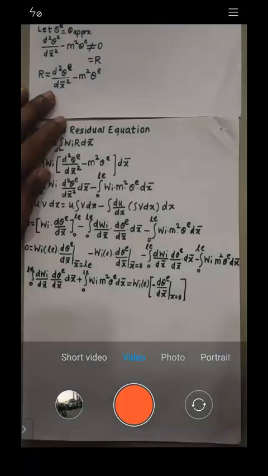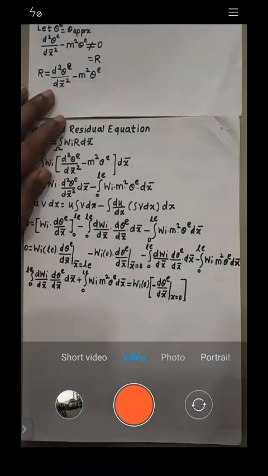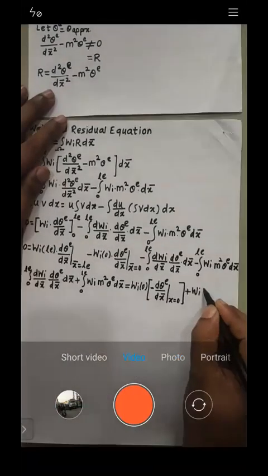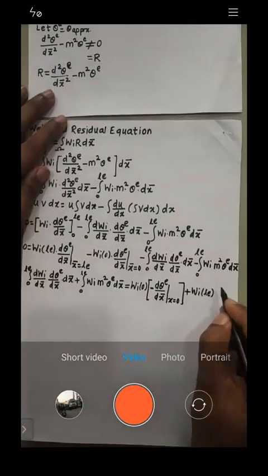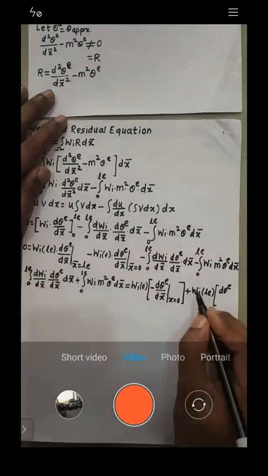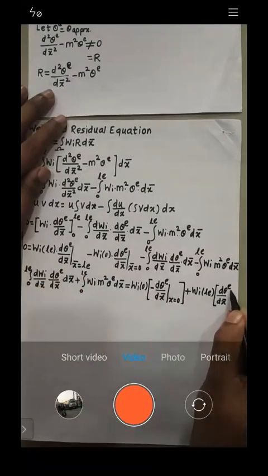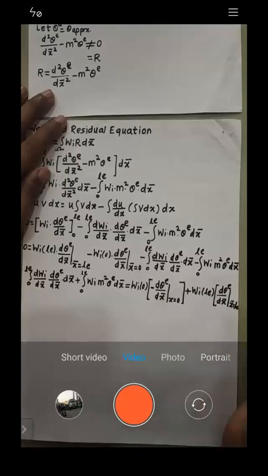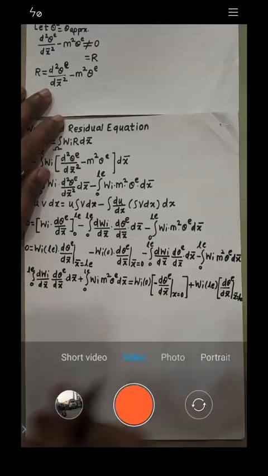Let me know. Yes, sir. Okay. Plus the same we have done for the last problem. Weight function at LE, and here it is d theta E upon dx bar at x bar is equal to LE. Understood?